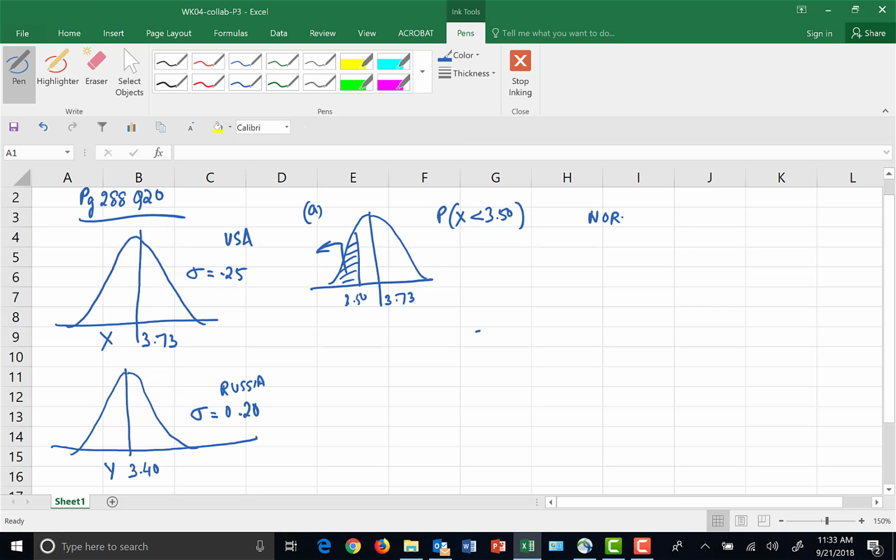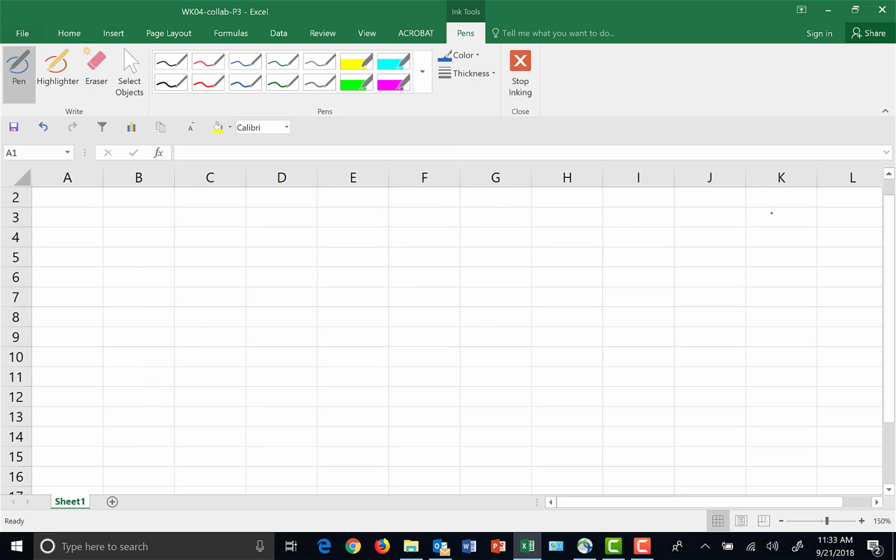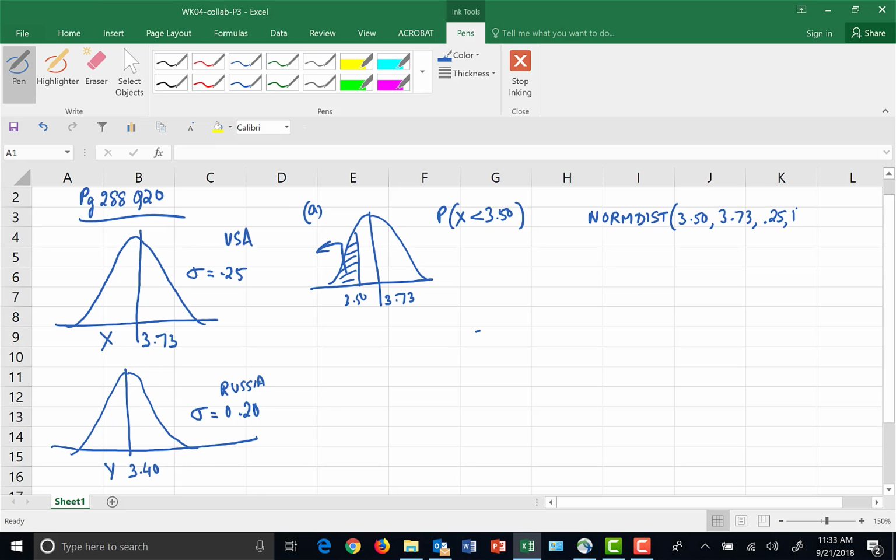So this is norm dist, and I have to give 4 inputs. One is $3.50, that's where I am on the x-axis. The mean is $3.73. The standard deviation is 25 cents, and the last parameter has to be 1. Since Excel gives me the area to the left of $3.50 anyways, and that is what I want, I don't need to do a 1 minus any of that geometric juggling.